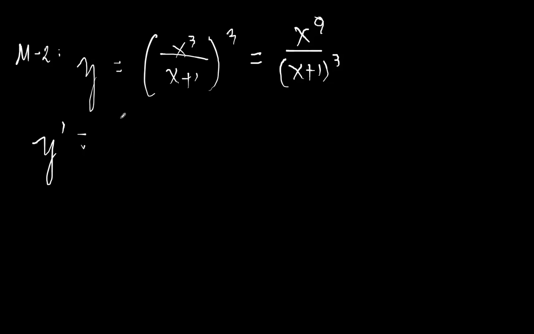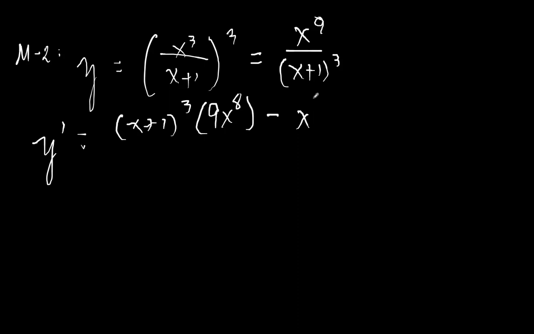So we have the denominator cubed, and let's differentiate the numerator. That's 9x raised to 8. I'm not going to explain the basics, and I hope everyone already knows how to do the derivatives of these functions or expressions, okay? So next, low d-high minus high d-low.